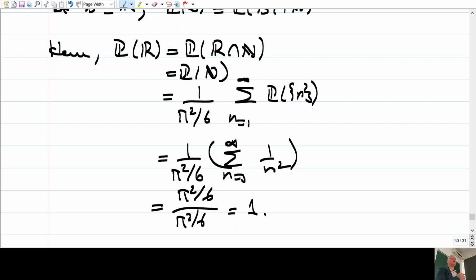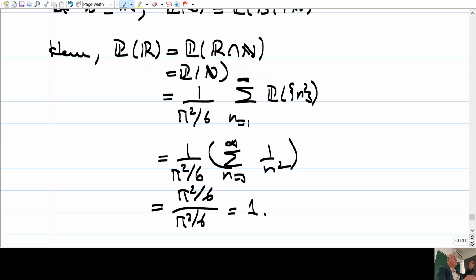Here our algebra is the set of all subsets, the power set of R, which is a huge set, but among those only the ones which contain natural numbers have a positive measure, and their measure is defined this way.